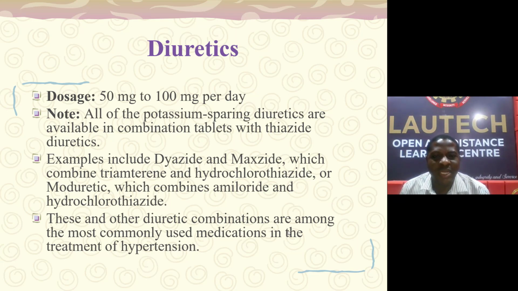Examples include Dyazide and Maxzide, which combine triamterene and hydrochlorothiazide, or Moduretic, which combines amiloride and hydrochlorothiazide. These and other diuretic combinations are among the most commonly used medications in the treatment of hypertension.